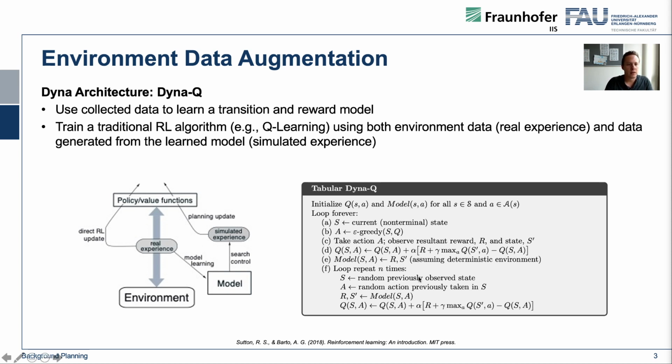What's different now is line E and line F. In line E, we take the environment sample to train our predictive model on that data.